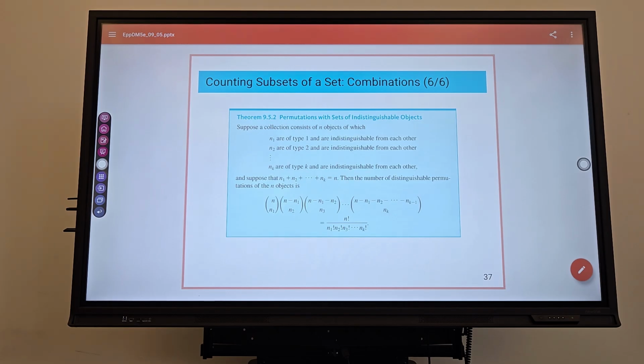Then the number of distinguishable permutations of the n objects is n factorial over n1 factorial times n2 factorial times n3 factorial, etc., to nk factorial.